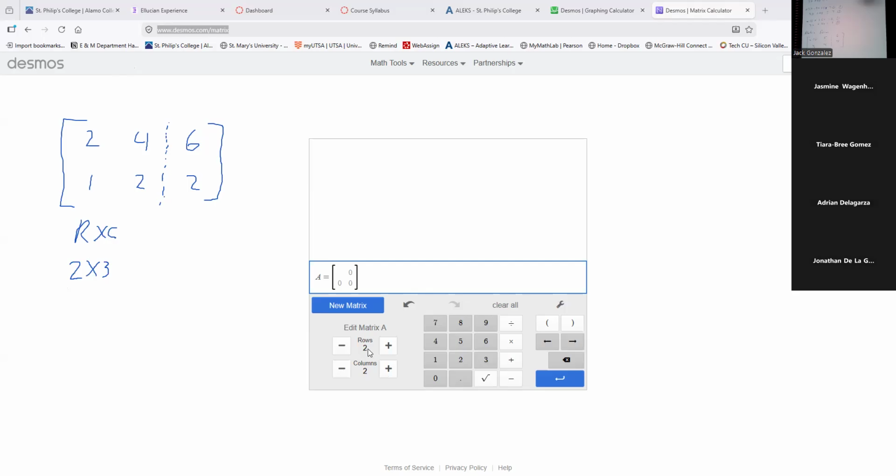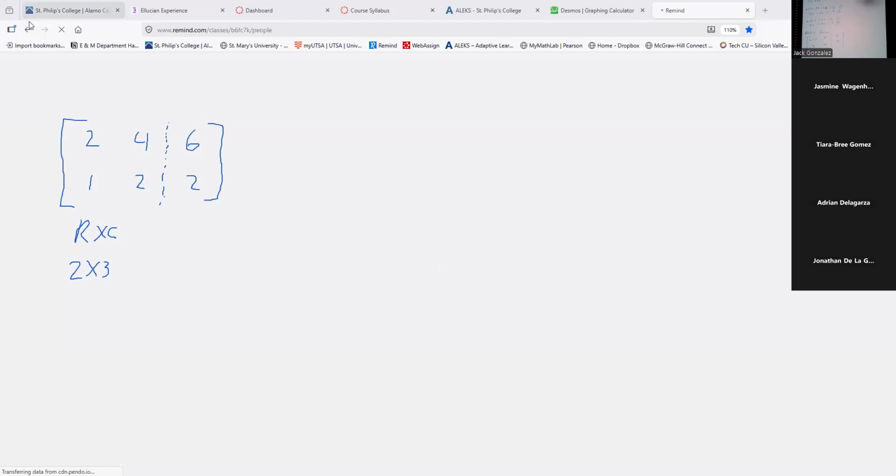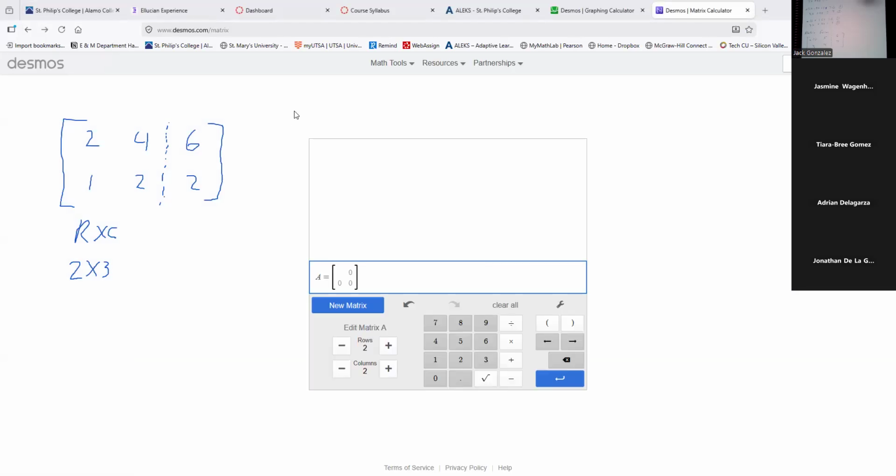Now, we don't have to worry about it here because we can just click the plus and minus button here. So we have 2 rows and 3 columns.